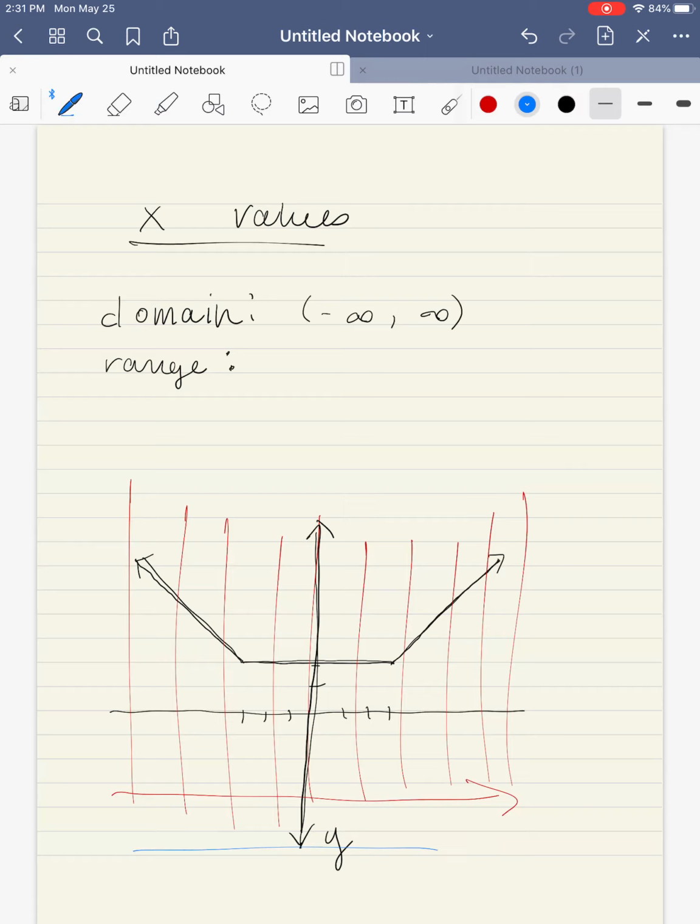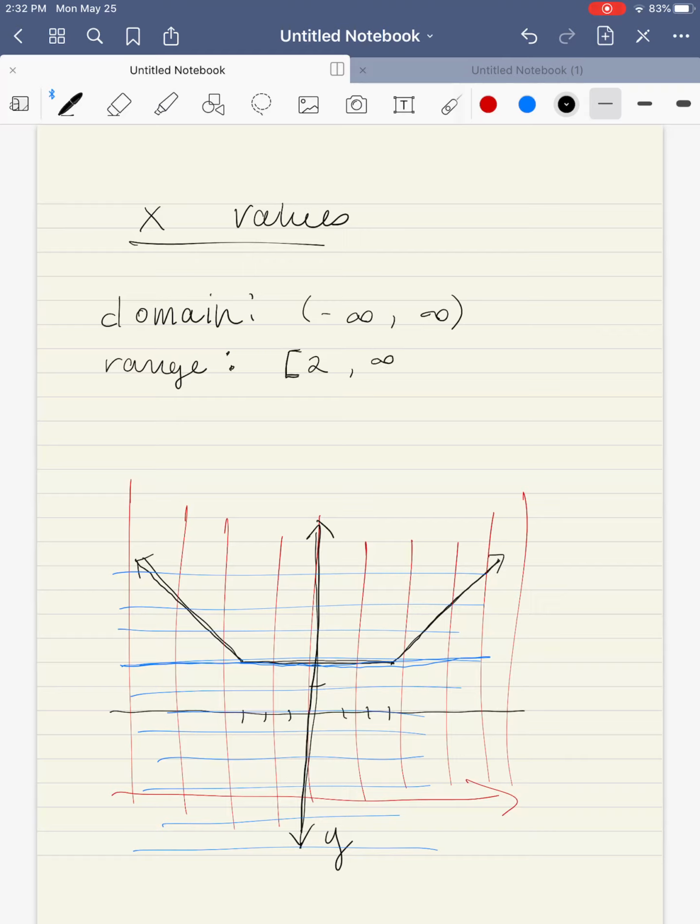So as I sweep from -infinity up, not touching the graph, not touching the graph, and I see right here, when y equals -2, I begin touching the graph, and then I continue to touch it everywhere from there on. So my range is -2, including -2, so I have a bracket, to infinity.